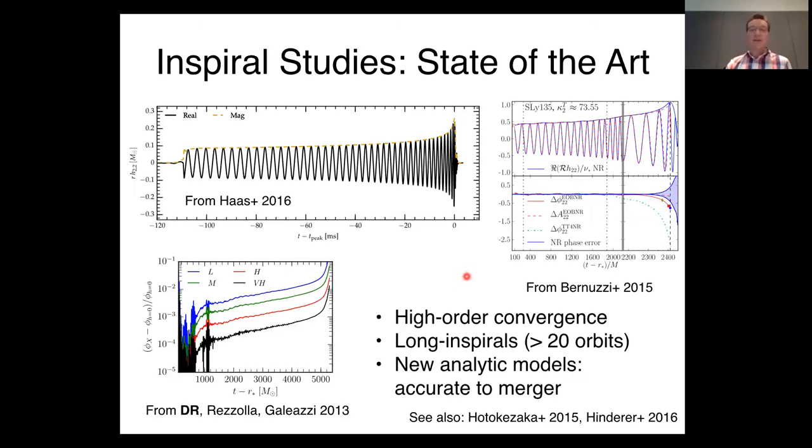For example, the effective tidal one-body formalism is able to predict the gravitational wave phase all the way up to merger within the uncertainties of the numerical results, for most equations of state. Here is the result from Bernuzzi and collaborators focusing on the SLy equation of state and looking at the binary neutron star with individual components having 1.35 solar masses.